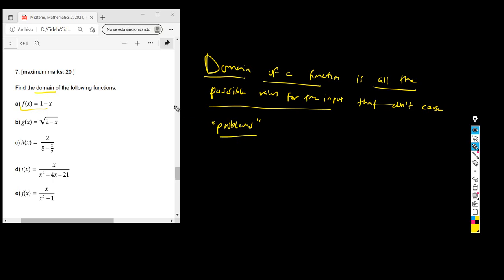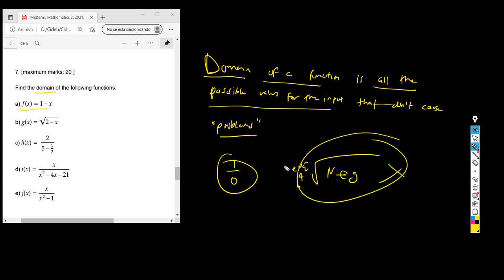What do I mean by problems? Divisions over 0, or the calculation of even roots of negative numbers. What I mean by even is that they can be the square root, or the fourth root, or the sixth root, etc. of a negative number.